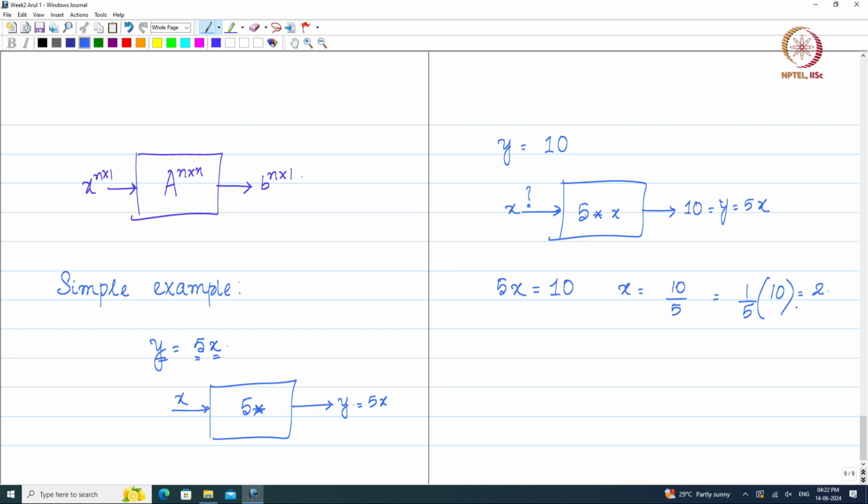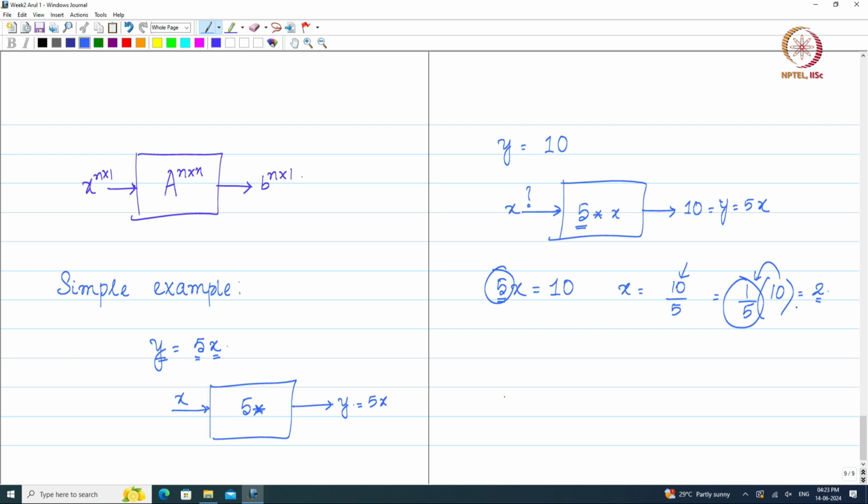What is that? All I did was, whatever the system was which was 5x, I took the inverse of that system, which is 1 by 5, and then I multiplied that output with that inverse of the system, whatever that function that I have, which was 1 by 5, and then I got my output 2, right. That is what we get.